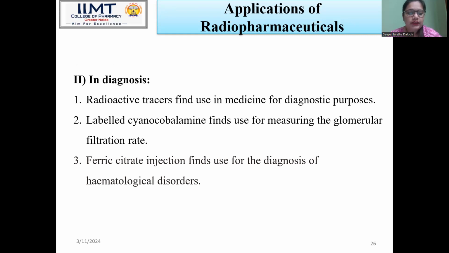In diagnosis, radioactive tracers find use in medicine for diagnostic purposes. Labeled cyanocobalamin finds use for measuring the glomerular filtration rate. Ferric citrate injection finds use for the diagnosis of hematological disorders.